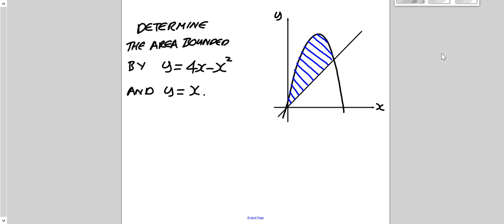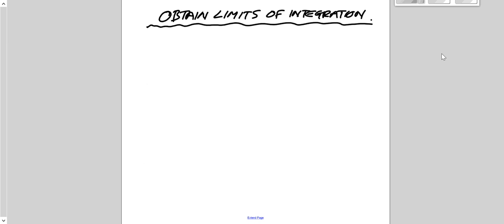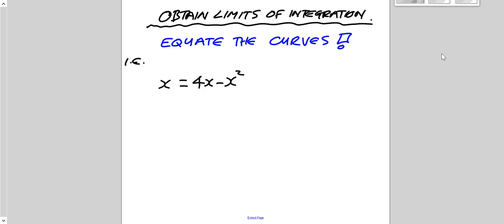Where they meet, the x values and the y values will be equivalent. So we're going to take y equals x and y equals 4x take away x squared, and equate them. We can get rid of the y because they're equivalent at those points. So here we go, just get everything over to the one side. That's what we've done there. You've done all this stuff before, folks, so we don't have to go over the history of mathematics.